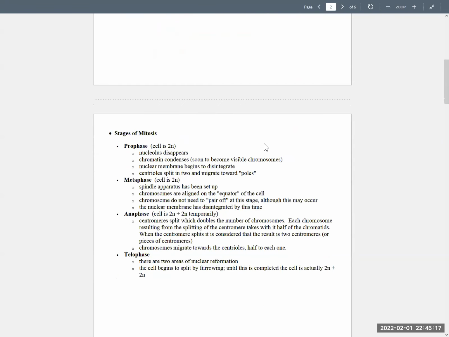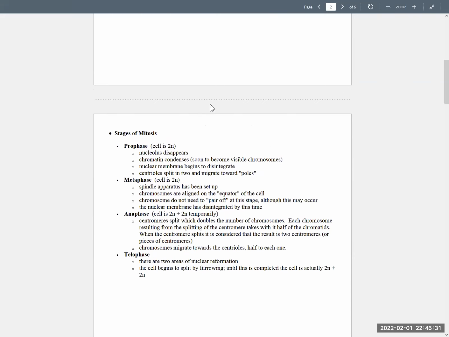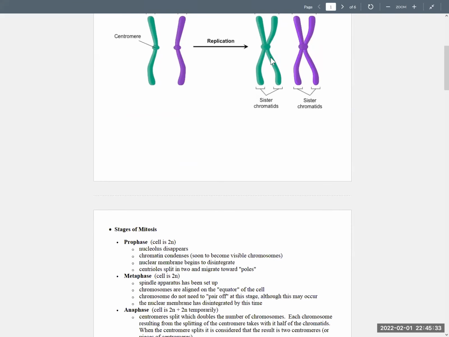The stages of mitosis, I have a drawing for you. We'll refer back and forth. The first stage of mitosis begins with all of the chromosomes already being doubled and having 2 chromatids apiece.